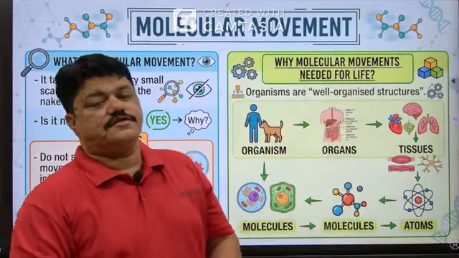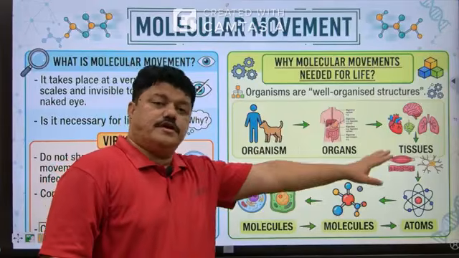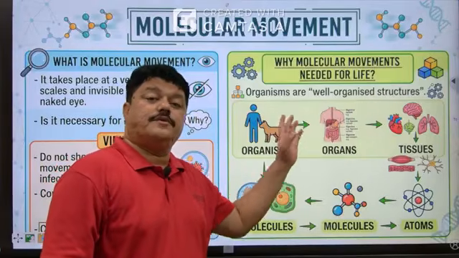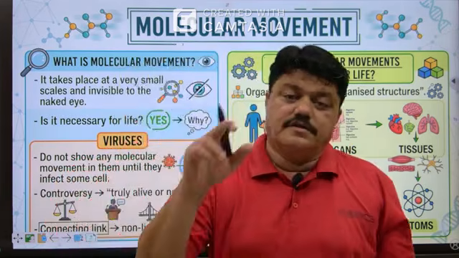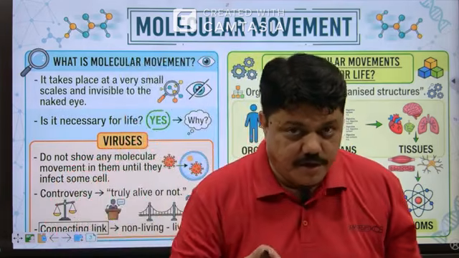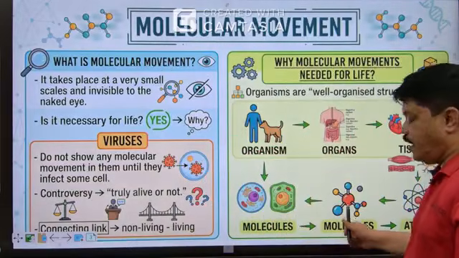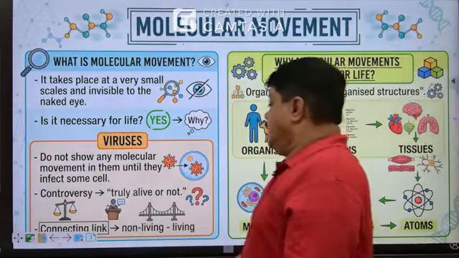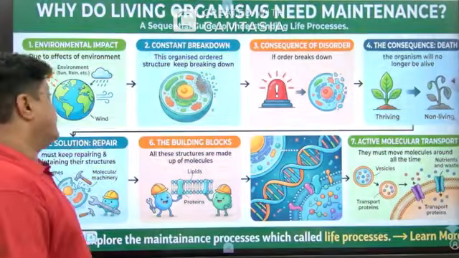Each organ system is made up of organs, each organ of tissues, each tissue of cells. A single cell consists of a number of cell organelles, and ultimately they are all made up of molecules. And we are all made up of molecules.